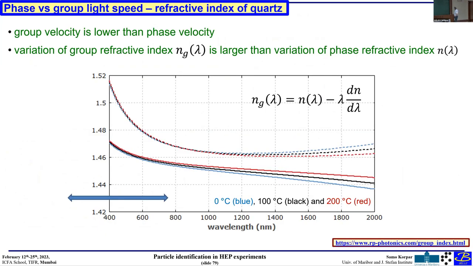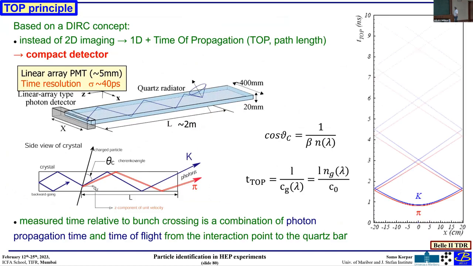If you look here, this is the range that we are in, about 400 nanometers. You can see the phase refractive index changes less than the group refractive index, which determines the group velocity. So actually there is more chromatic error in the timing measurements than in the angular measurements. And this is the important difference between these two, which has to be considered when you are trying to make detectors that are based on timing measurement.